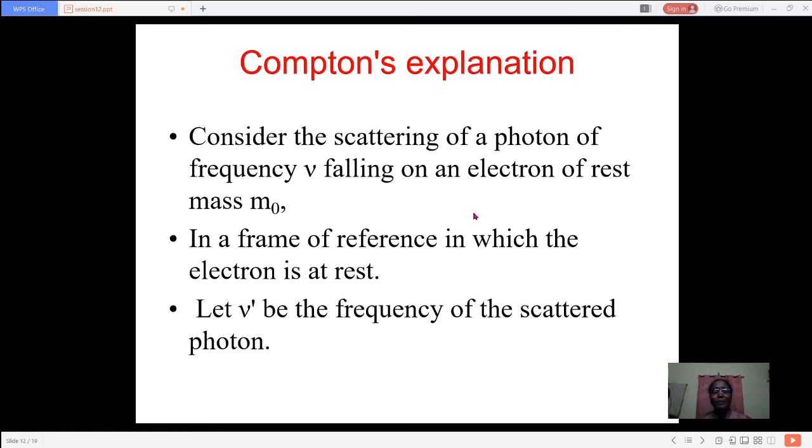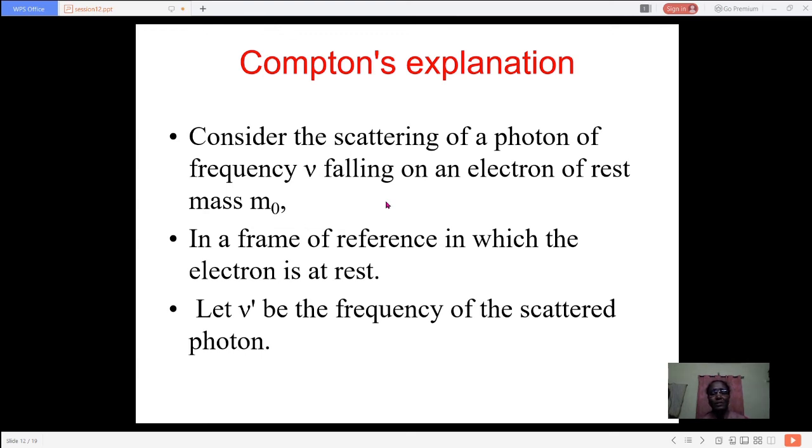So, developing a theory, Compton said that the radiation made to fall on the electron, being quite strong like X-ray or gamma ray, has wave nature, but behaves as a particle or a photon having energy h nu.